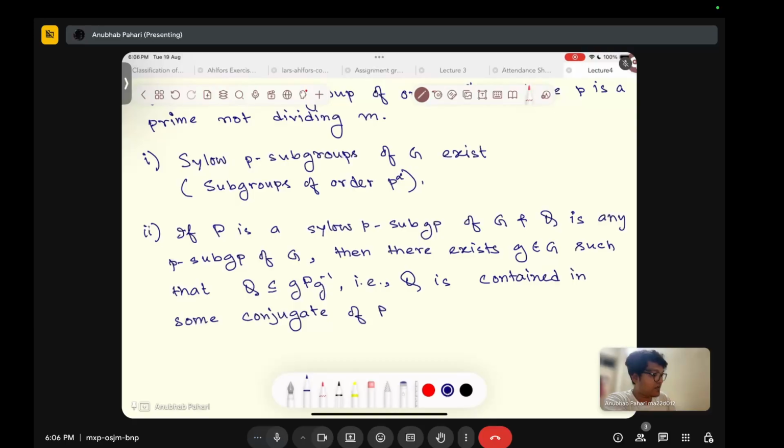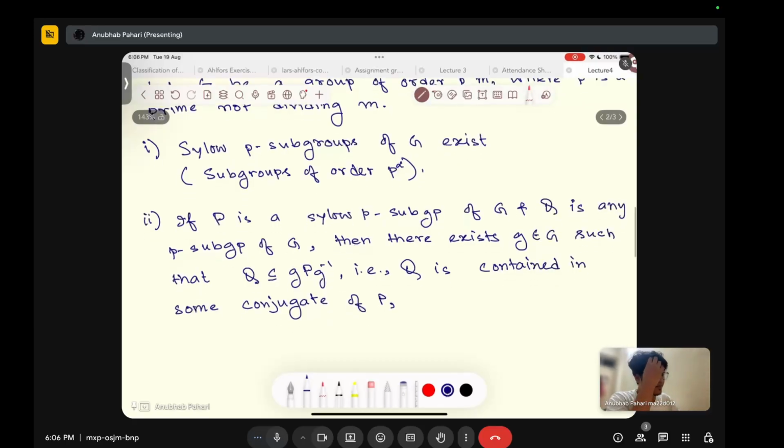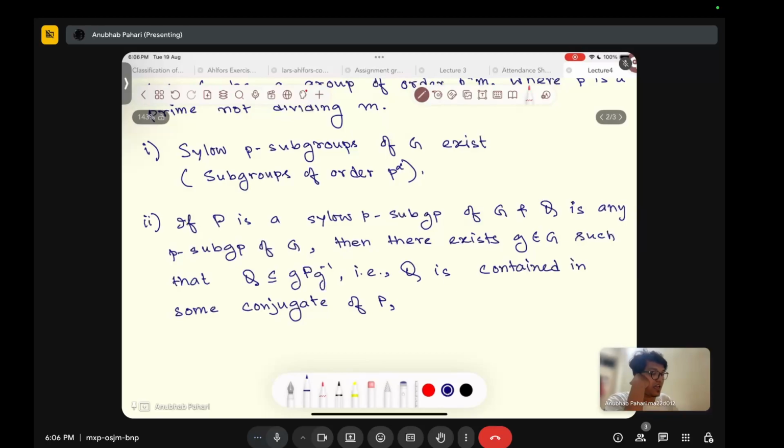But note that P and Q have the same cardinality, that means both have order p to the power alpha, and gPg inverse, I mean this conjugation operation, is an automorphism, right? So gPg inverse has the same order as P because the image of P under this conjugation is gPg inverse. So Q is contained in this and Q has order p to the power alpha.